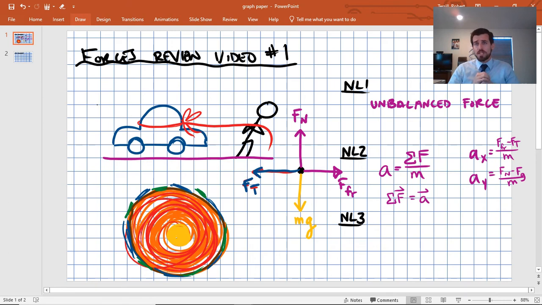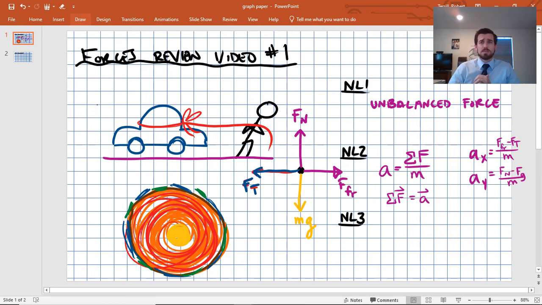The force of friction as the man pushes against the ground with their feet, pushing the ground backwards, is matched by the force of friction of the ground pushing him forward. That force of gravity pulling downwards on that man is equal to a force of gravity of the man pulling upwards on the earth. So there's always this equal and opposite pair.